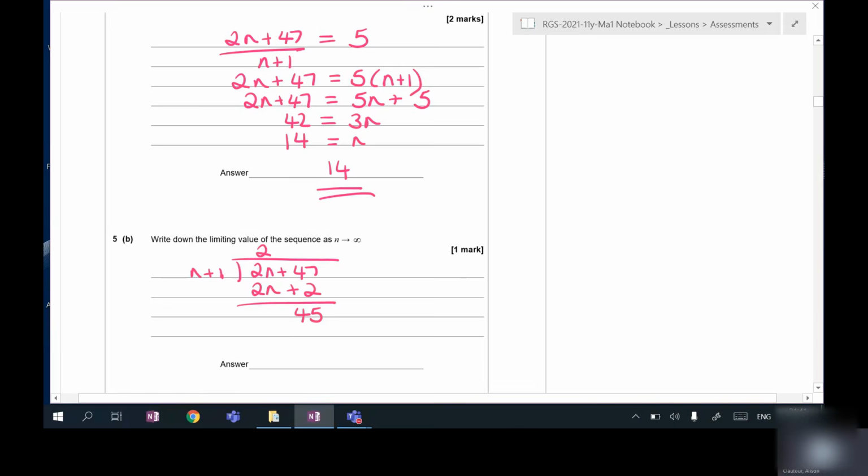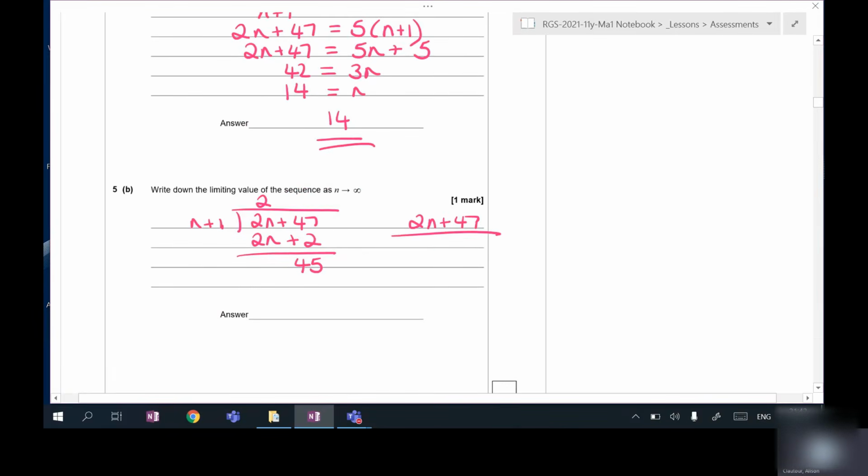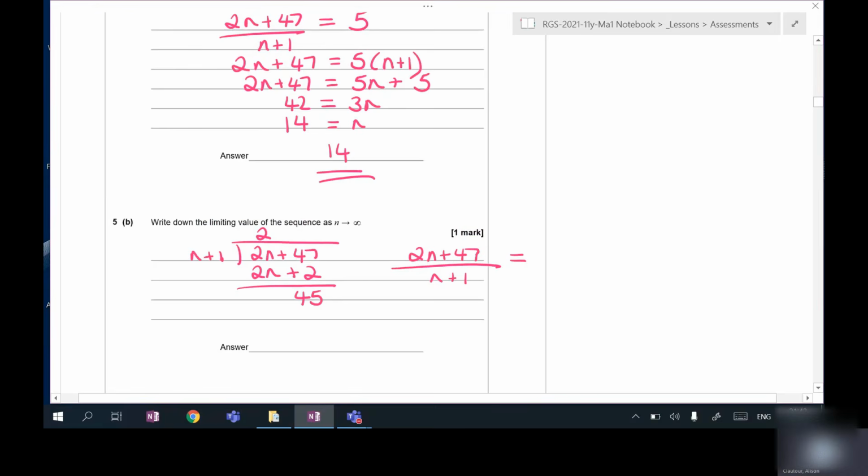So we can write (2n plus 47) over (n plus 1) as 2 whole ones, add 45, because that was my remainder, out of n plus 1.